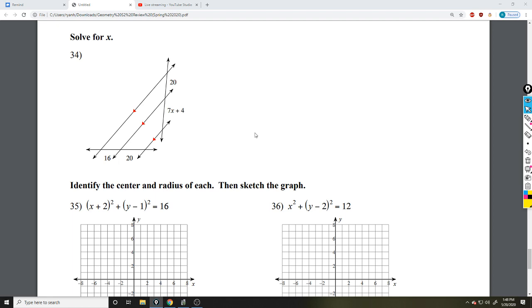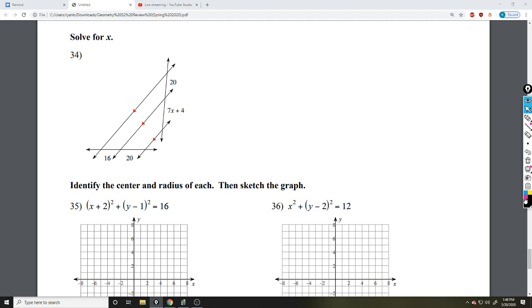Here we go. The idea here is that the pieces should match. The ratio of the pieces should be the same.